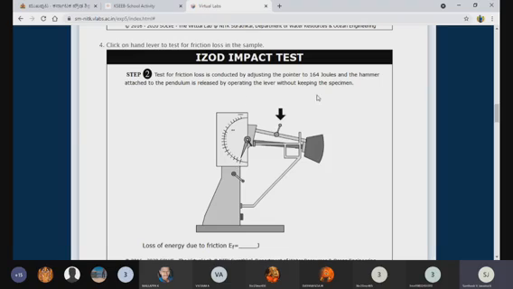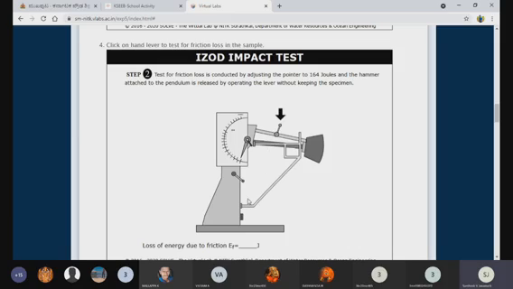Then you can take the 164 joules, or anything else, based on the material. Now you can place the sample, then release the pendulum.